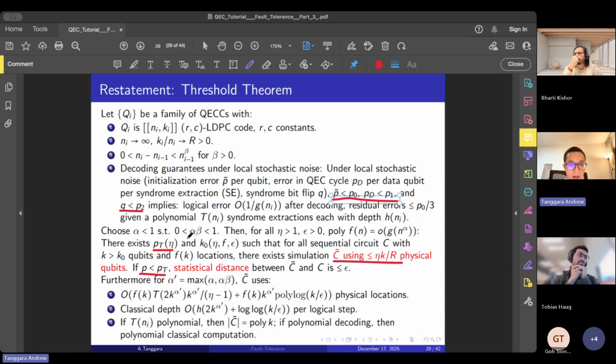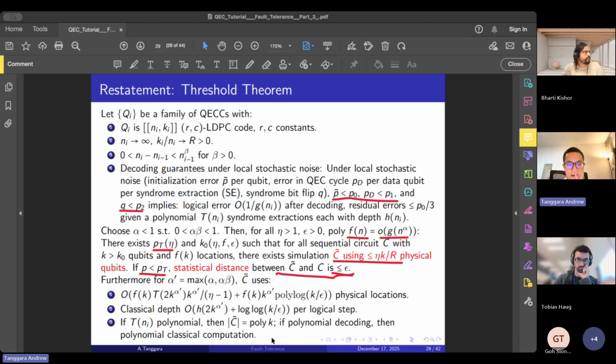Yeah, and we want to choose some of these funky numbers like these alphas and betas, which are going to correspond to how big your circuit is with respect to the rate of logical errors caused by failure in QEC cycle, which is this function G. And we want to show that this distance of outputs from circuit C tilde from C is bounded by this epsilon.